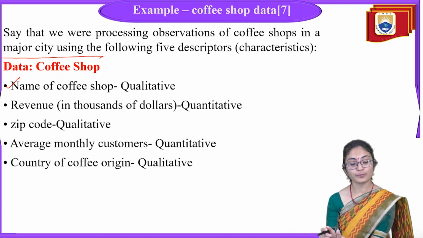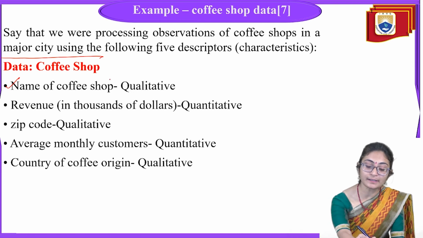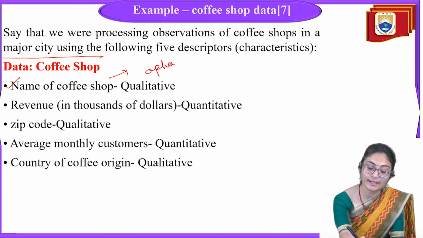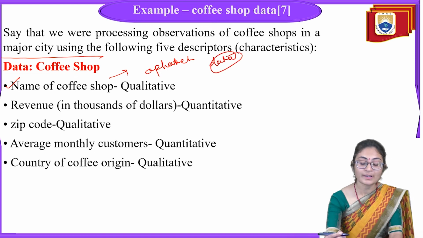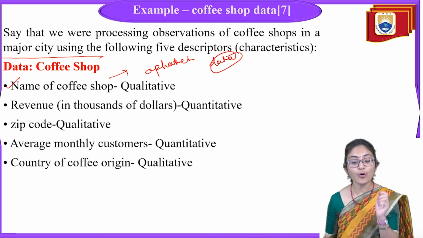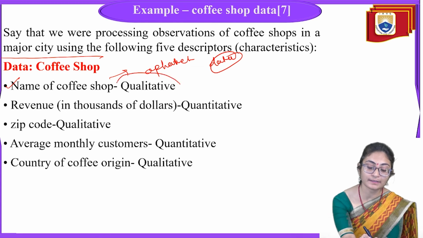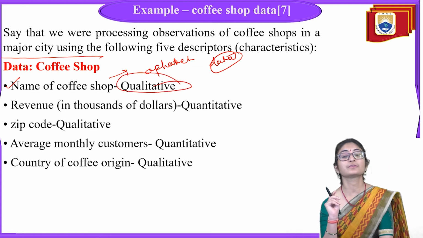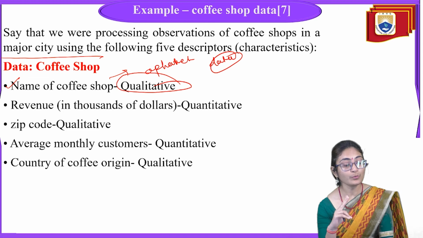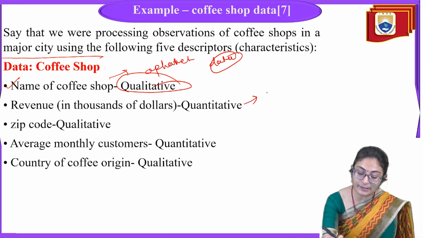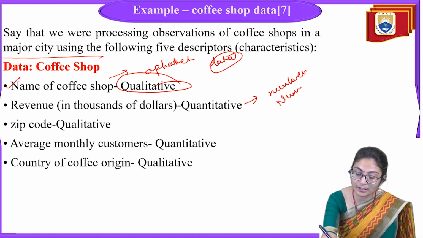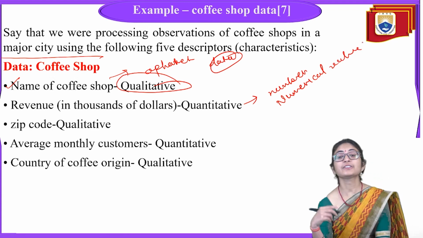The name of the coffee shop will always contain alphabets, so it will always be in the form of qualitative data. Now revenue is always available in the form of numbers, in the form of numerical value, so that is quantitative data.